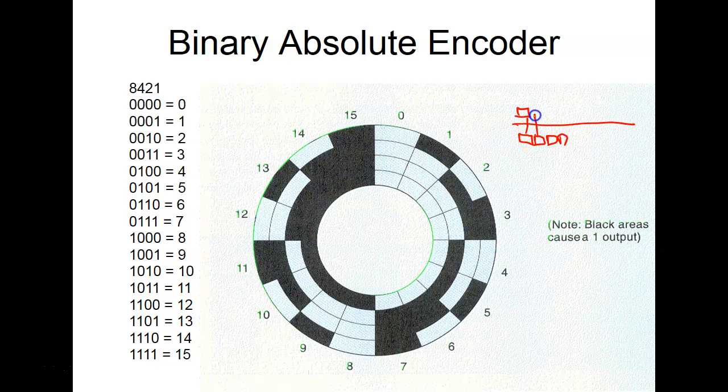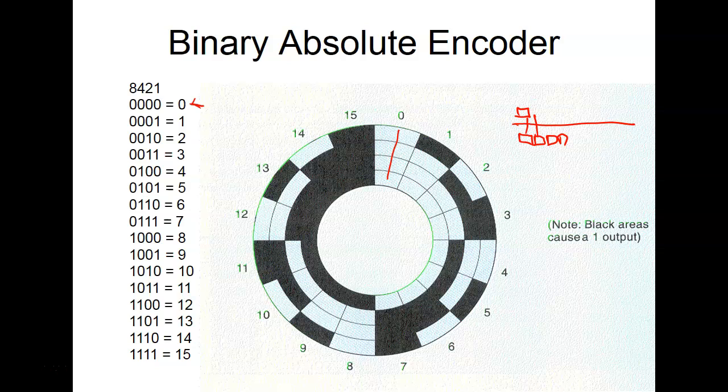What it does is it passes light through. So right here, if the light gets through all down this line, then it would give me this count right here. And then this right here would be a 1. You can do that 1, 2, 4, 8 across the top. So this would be a 1, this would be a 2, this would be a 3, 4, 5, 6, 7, 8, 9, 10, 11, 12, 13, 14, 15.